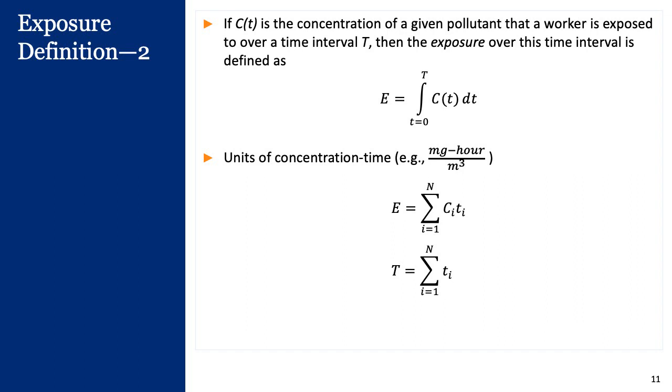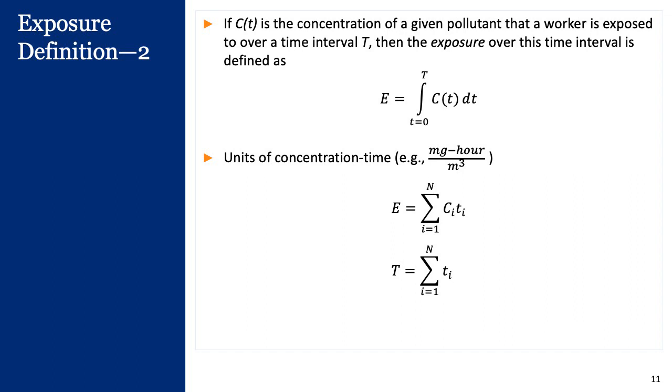So what this formula is saying is Ci, that's the concentration in the ith time interval, times ti, which is the length of the ith time interval, and you sum it over n different time intervals. And the total time T is the sum of each of the individual time intervals.